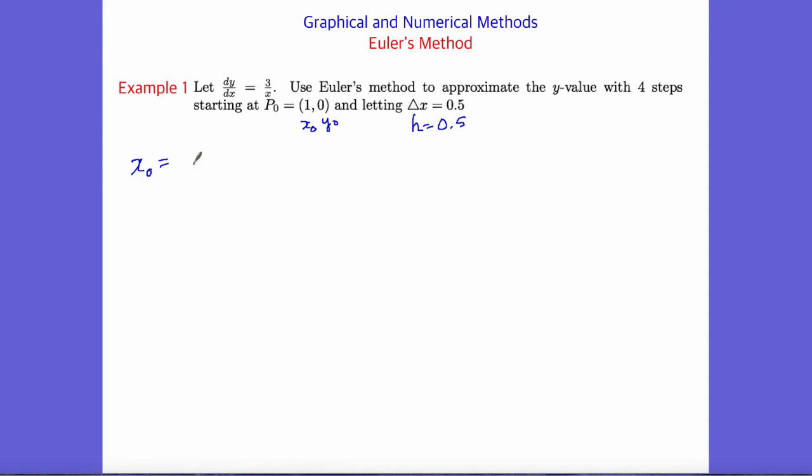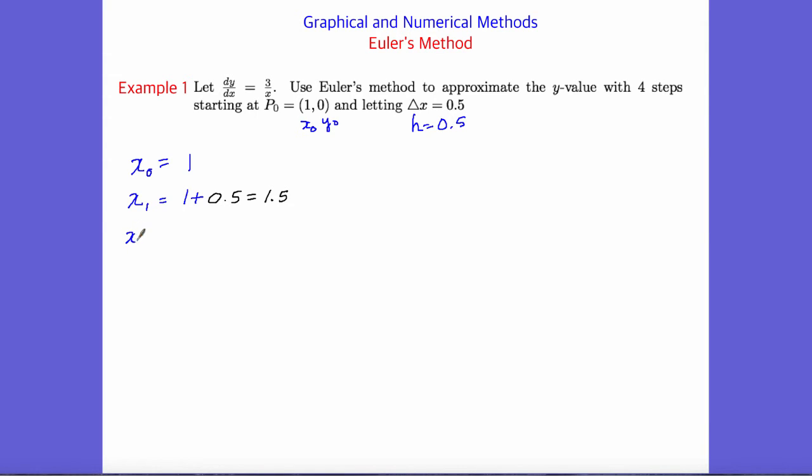So x sub 0 equals 1. And it says we're going to go out to 4. So we have x sub 1 equals 1 plus your change in x, which is our h value, which is 0.5. So that's going to be 1.5. And we can continue on from 1.5.